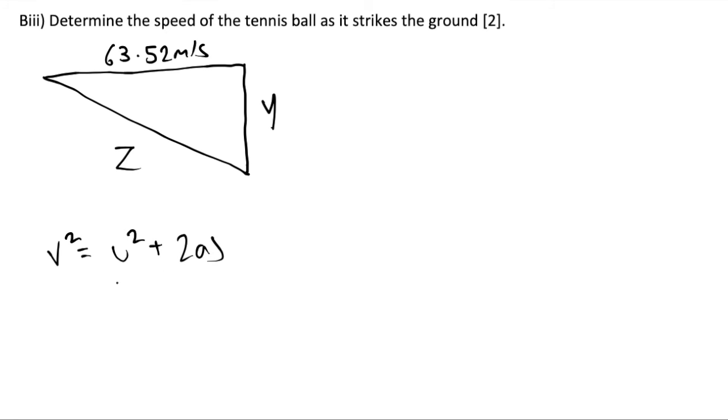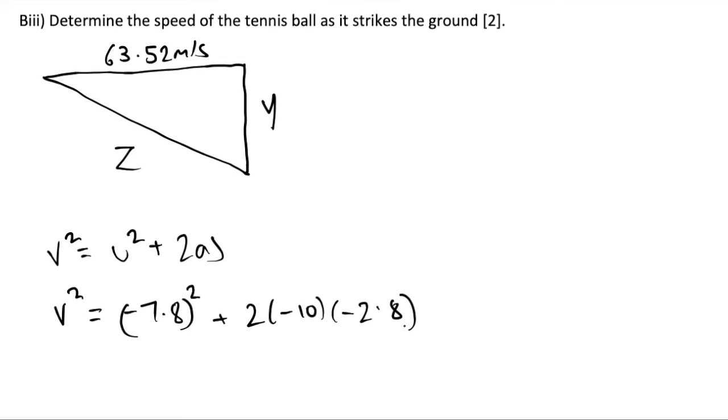We have all the variables for this equation, so let's directly put them in. v squared is equal to u squared, which is just negative 7.8 whole squared. We calculated this earlier. This was the initial vertical velocity, plus 2 into acceleration due to gravity, negative 10, into the displacement from the top to the bottom, which was given in the question to be negative 2.8 meters.